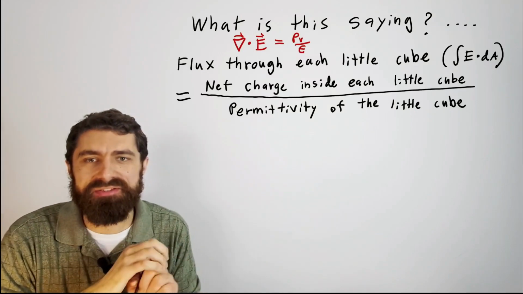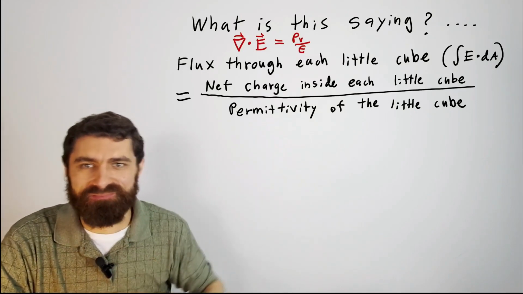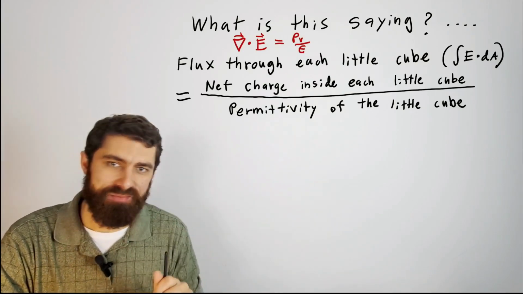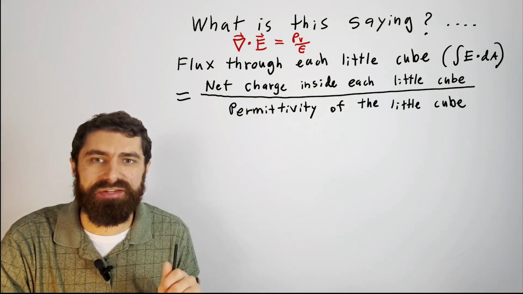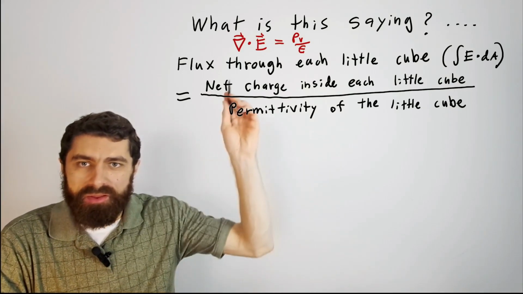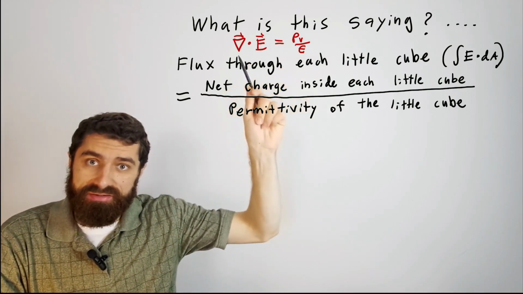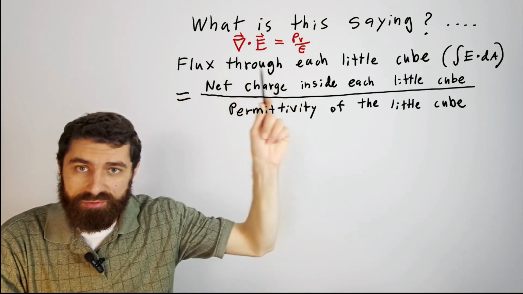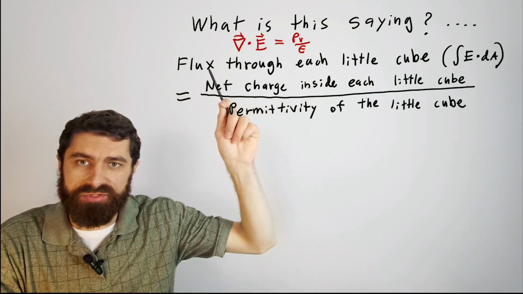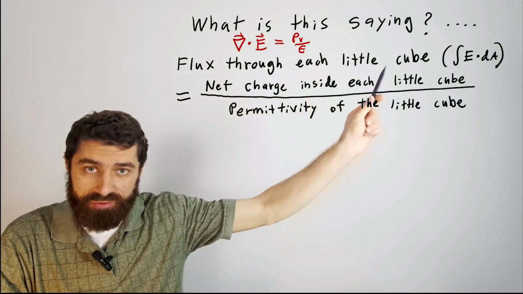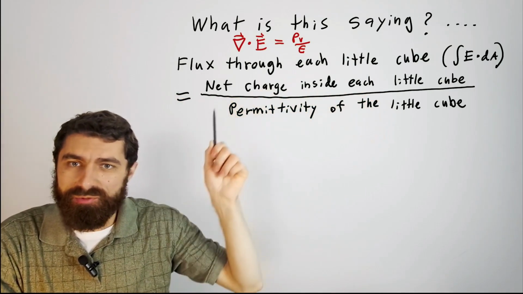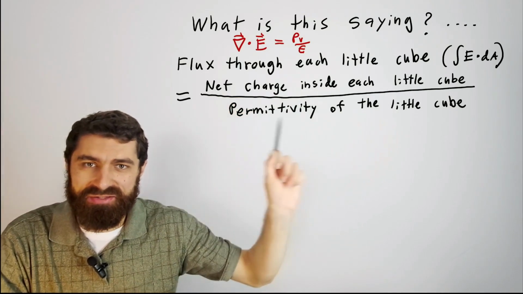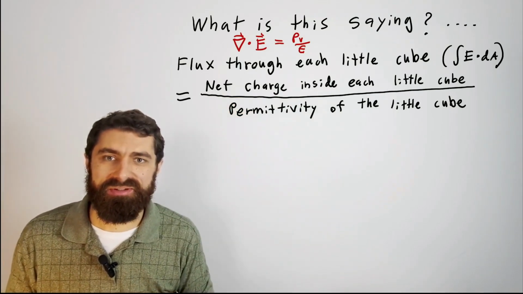All right, so what is Gauss's law actually saying? You need to go back to your understanding of what divergence means. If you haven't seen my video on divergence explained, go ahead and check that out. But what this is saying is that the divergence of E, or the flux through each little cube, so you have a problem, you break it up into little cubes, the flux through each little cube, or the integral of E dot dA, is equal to the net charge inside that little cube divided by the permittivity of the little cube.